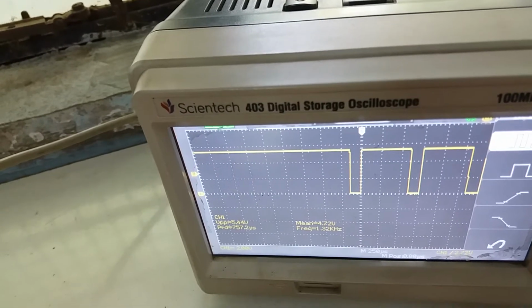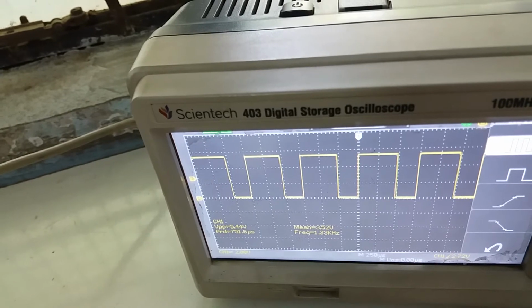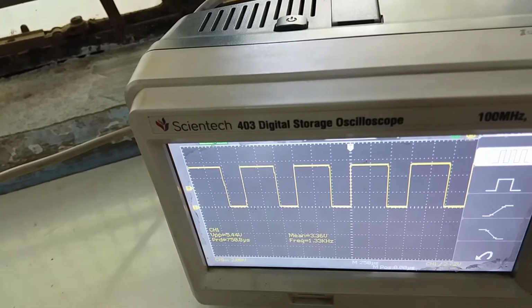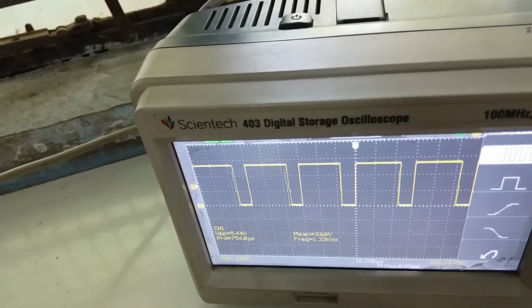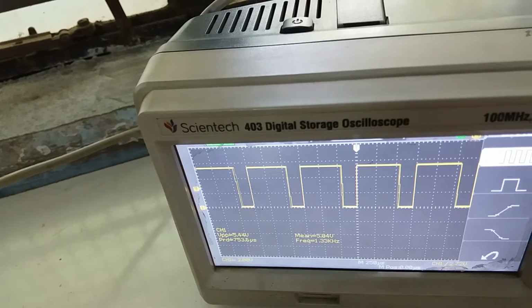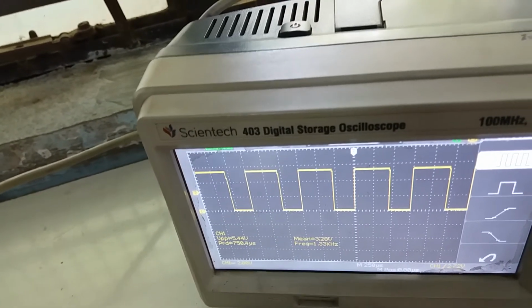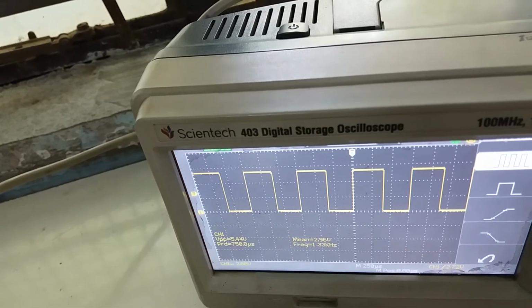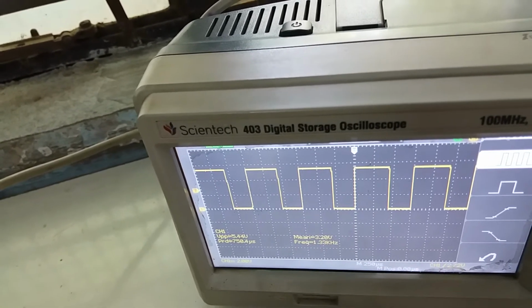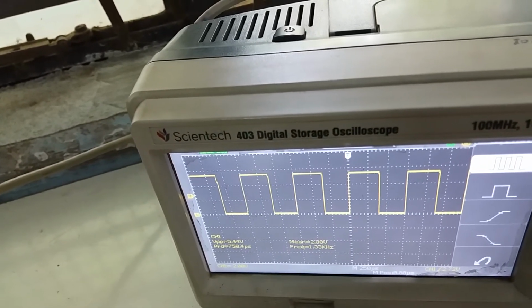Now the on time is 2 boxes and the off time is 1, so the total is 3 boxes. So 2 is on, 1 is off. Further I will vary it, and the total time period is not varied. That is called pulse width modulation.